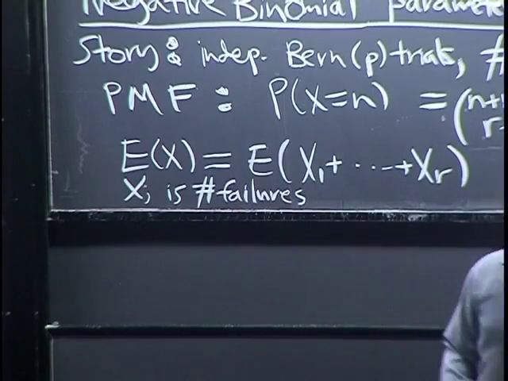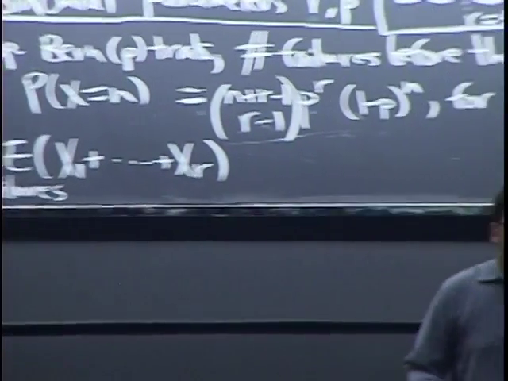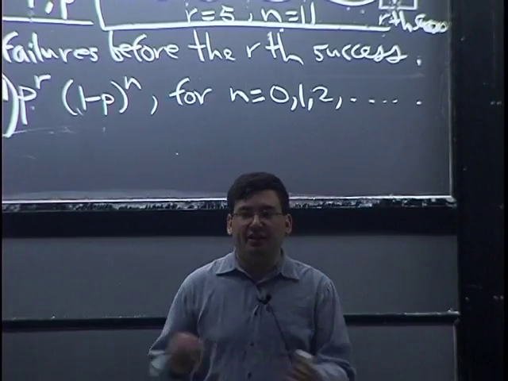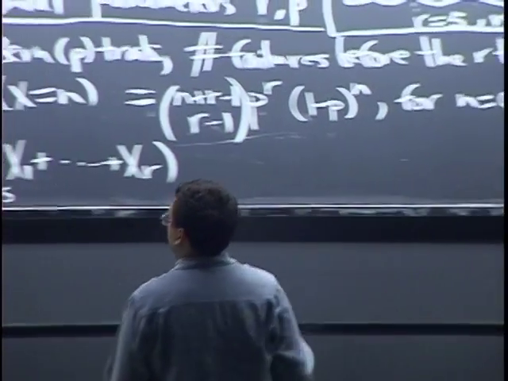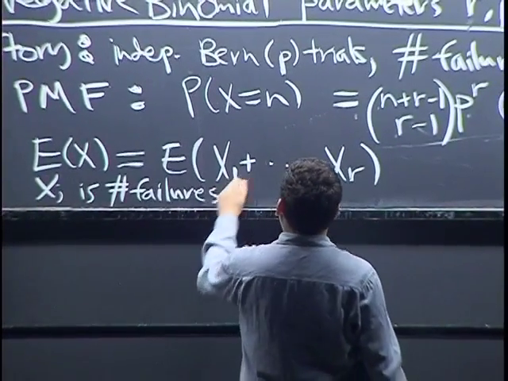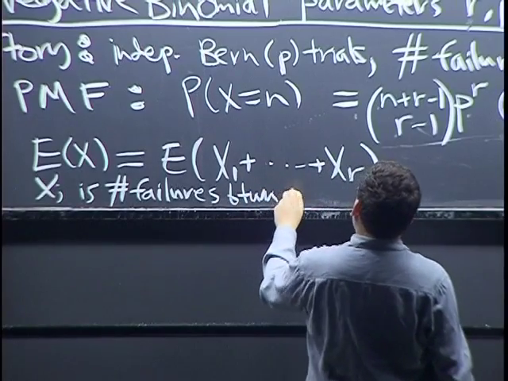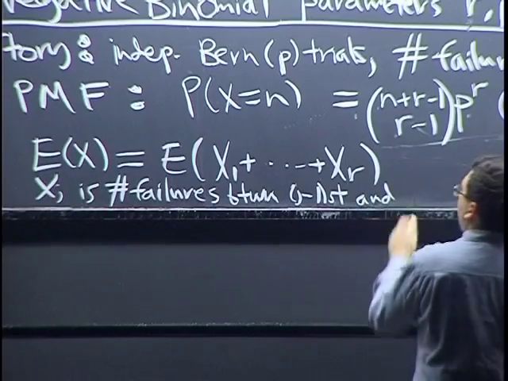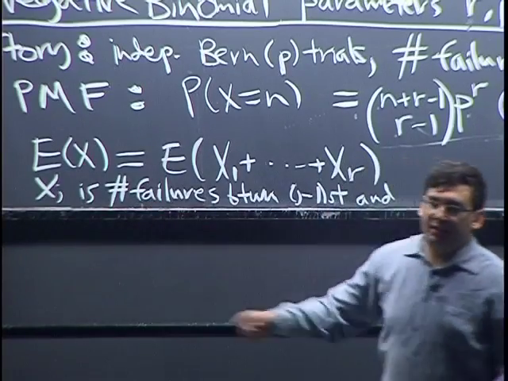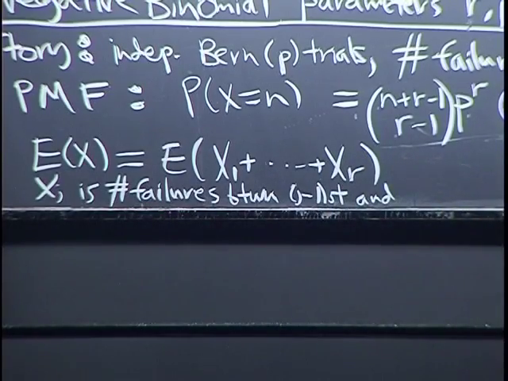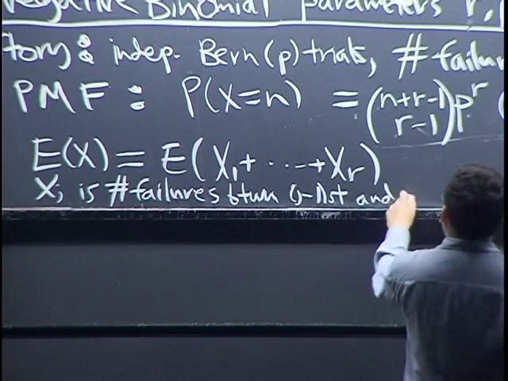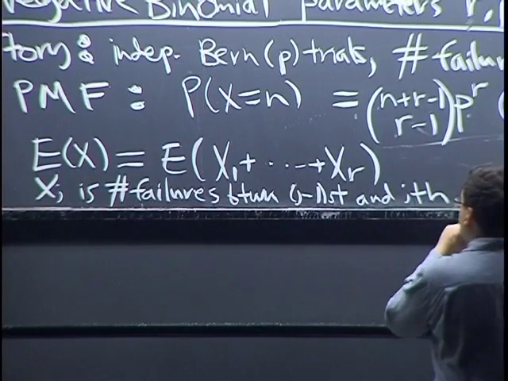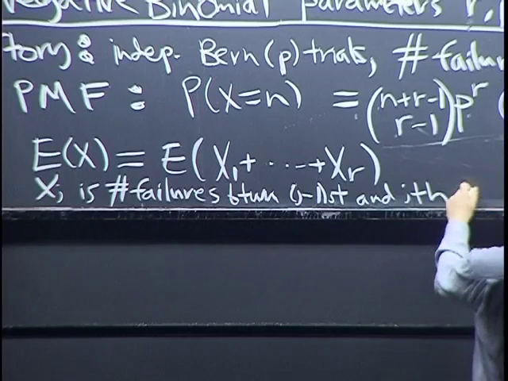X1 is the number of failures before the first success. X2 is the number of failures between the first success and the second success, and so on. So Xj is the number of failures between the (j minus 1)st and jth success.